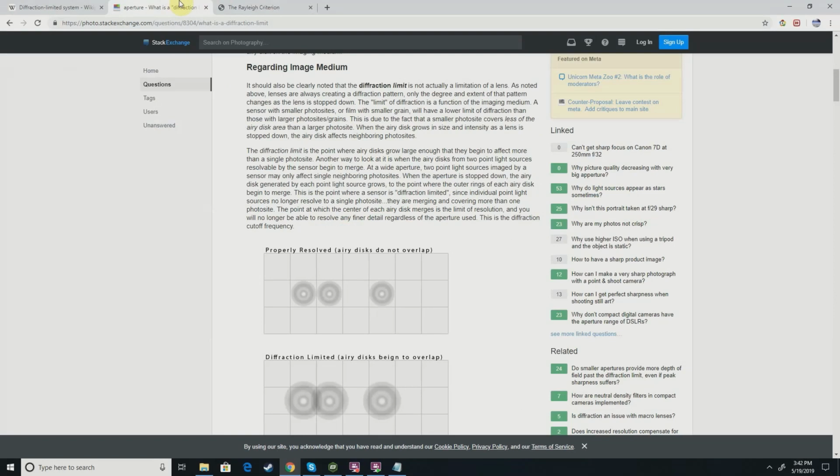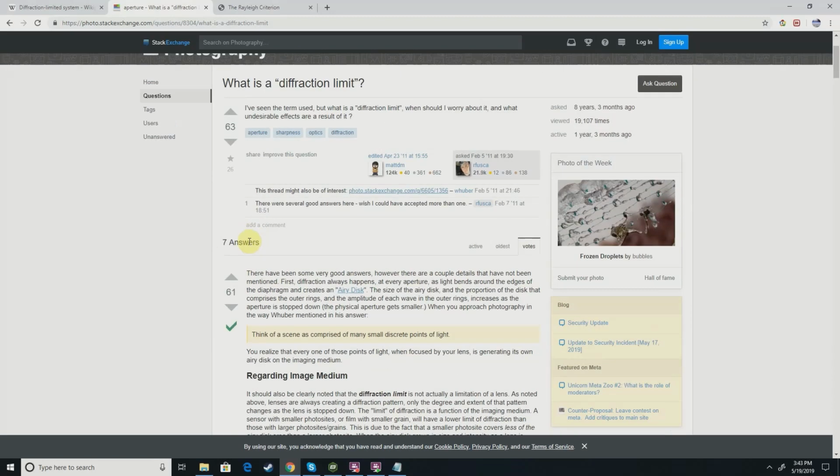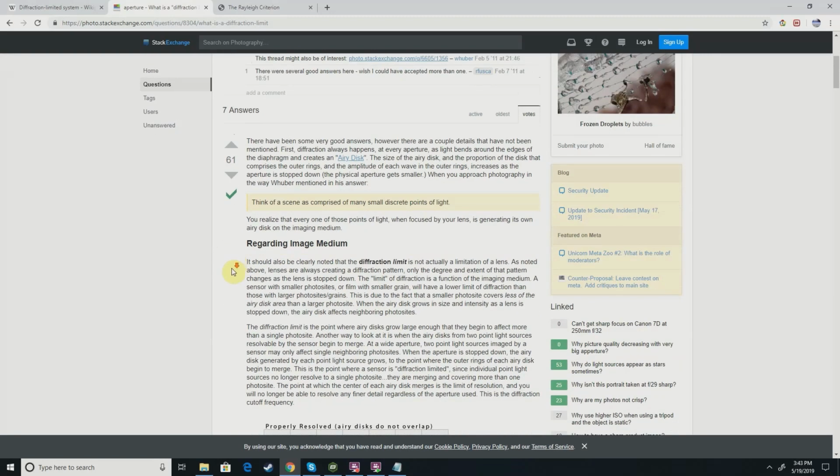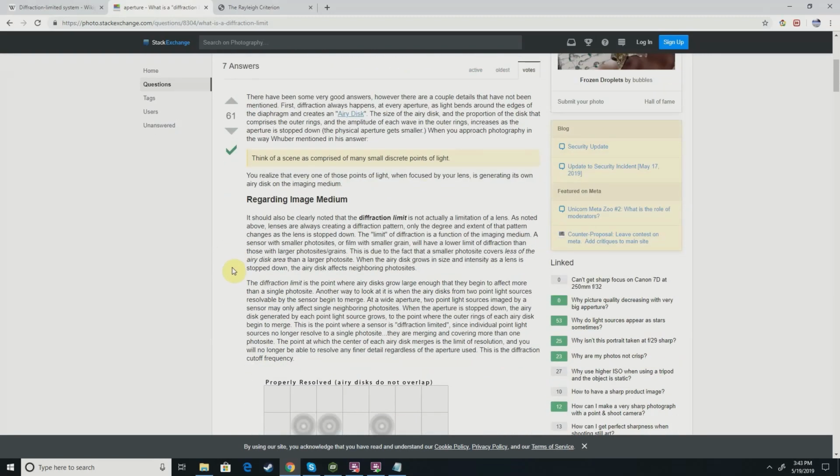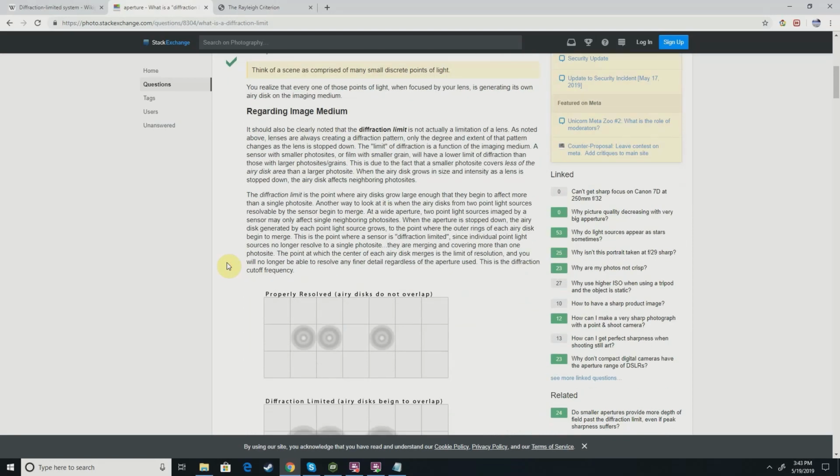So let's look at another explanation and example. Basically, this means that the farther away something is, the less light is emitted into the lens, and it's harder for the lens, and the aperture of the lens specifically, to receive that light.